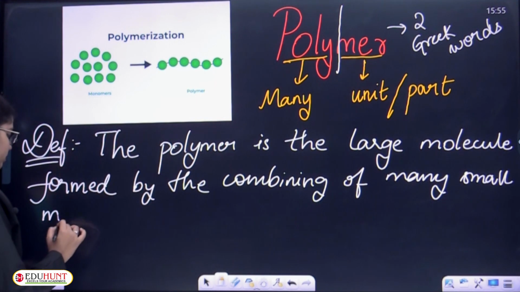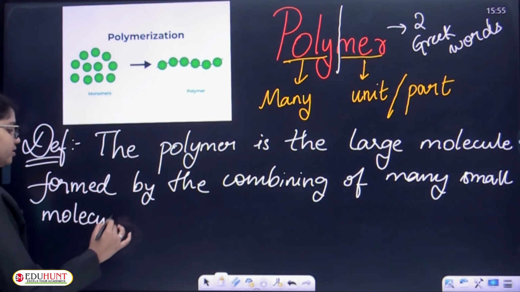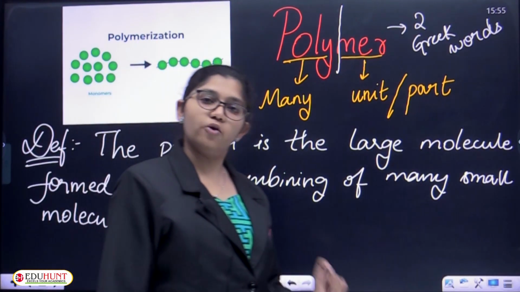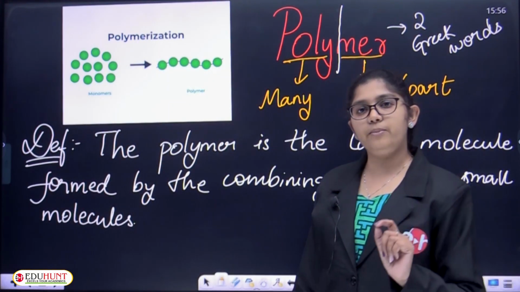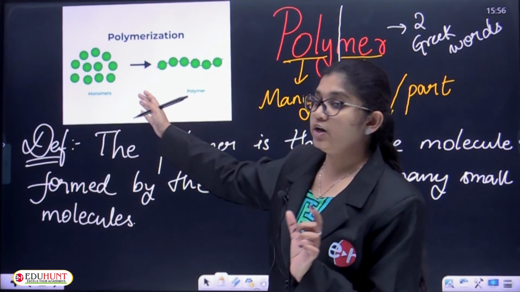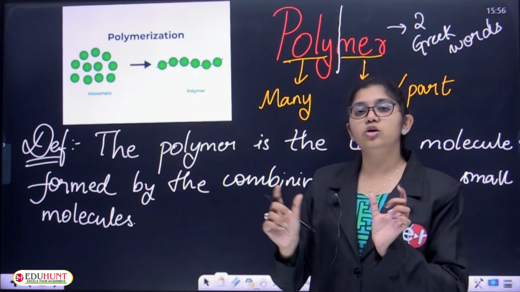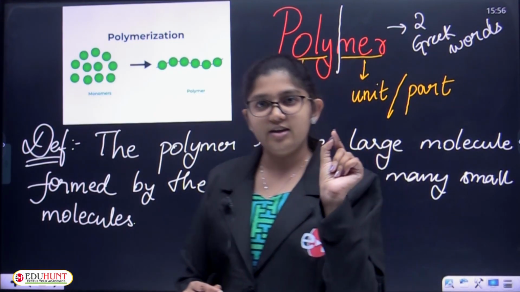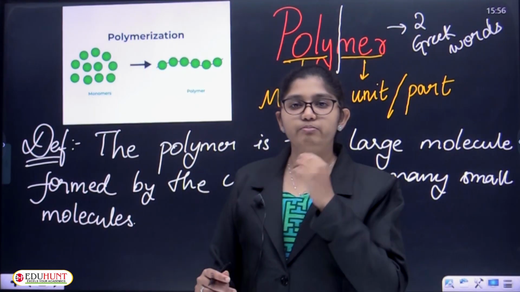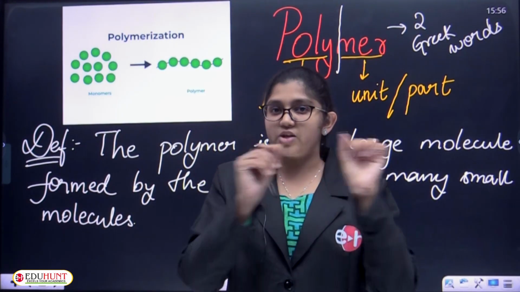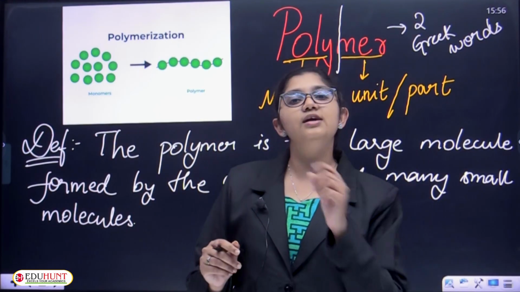Did you get the point? What is meant by polymer here? A polymer is a large molecule. How is it formed? It is formed by the combining of many small molecules. If you link many small monomers together, you'll get a polymer. For example, you know white beads. Your mummy wears white beads in the neck, joined one by one on a string.